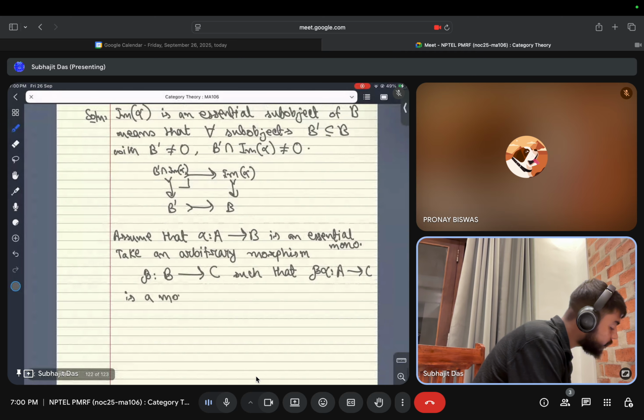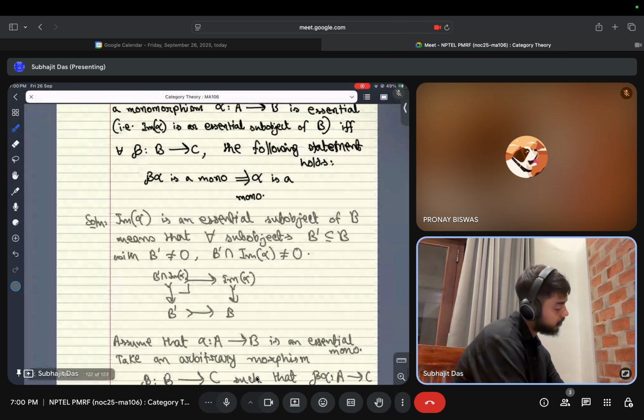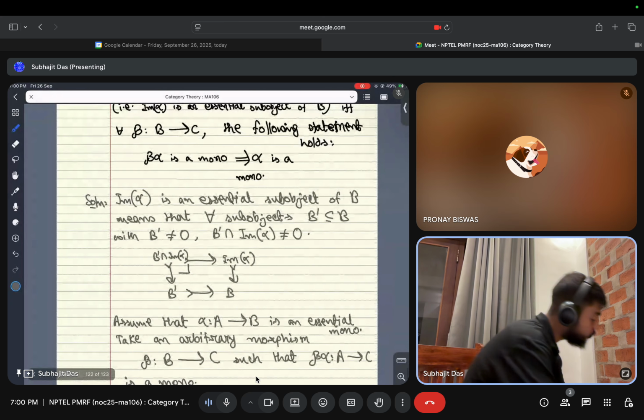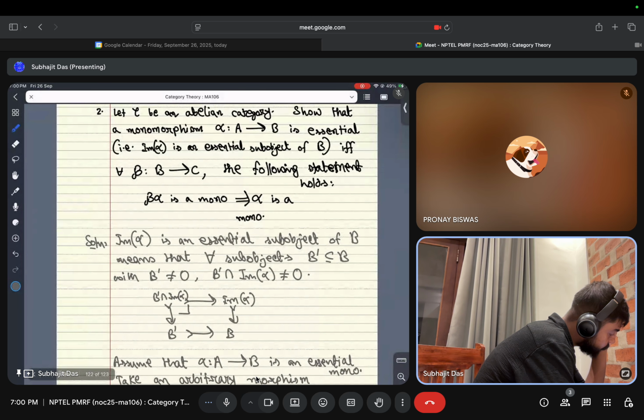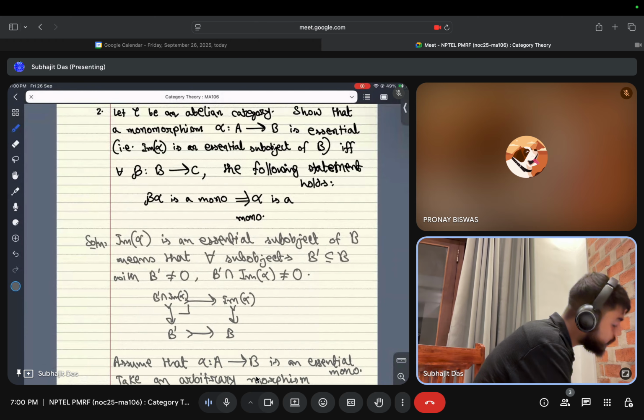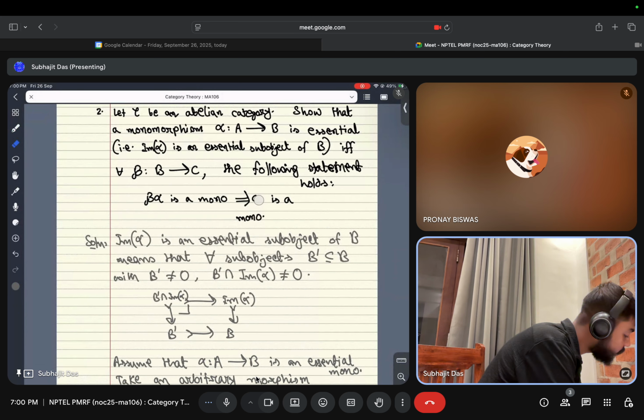What we want to show here is, oh oops, I think I have made a mistake here. I think it should be beta obviously, because alpha is already given to be a mono.